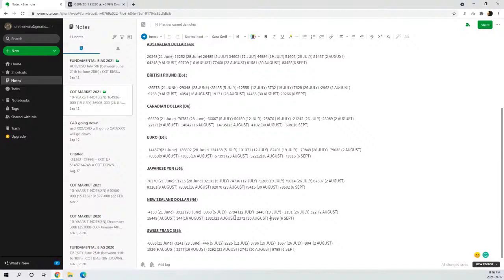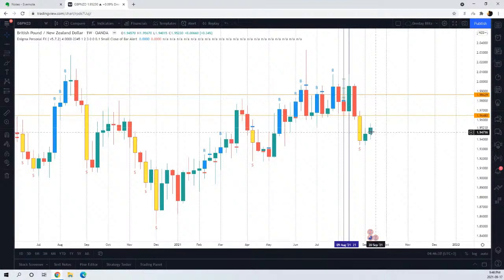So that was a bigger difference than this one. Since the pressure was going upwards for New Zealand compared to the British pound, that's why you had an uptrend here.